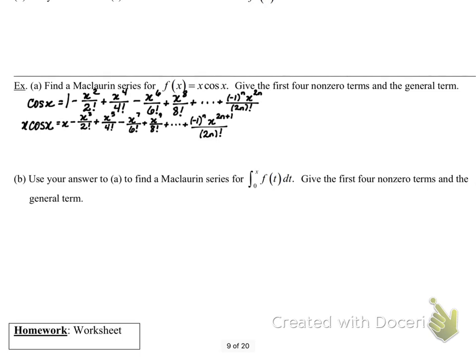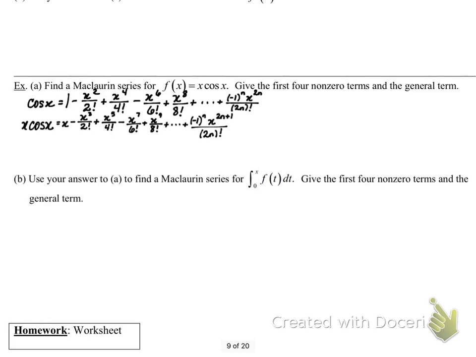And all I did here was multiply the entire Taylor series for cosine of x by x, and got the following Maclaurin series. And remember that a Maclaurin series is a specific kind of Taylor series centered at 0. A Taylor series is not always a Maclaurin series, but a Maclaurin series is always a Taylor series.